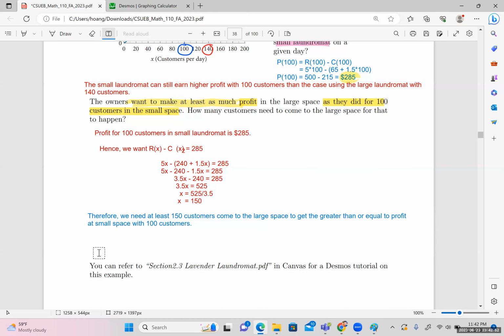We can refer to section 2.3.1, the laundromat PDF in Canvas, for a small tutorial on these examples.